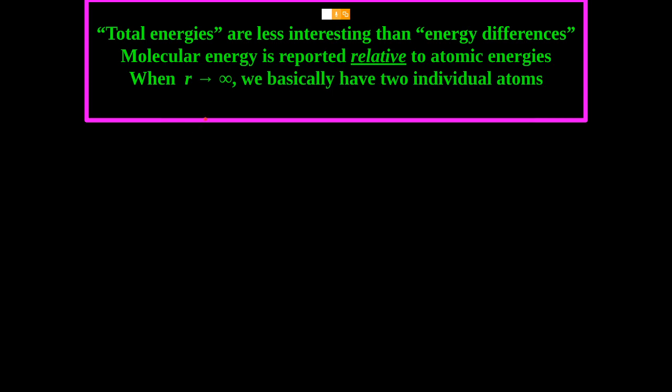So if we have the atoms very far apart, we basically just have two individual atoms. The total energy is just the sum of the two individual energies, with no molecular interaction energy going on. That means that the molecule, when r equals 1 billion angstroms, should have the same energy as two individual atoms that are not interacting at all.